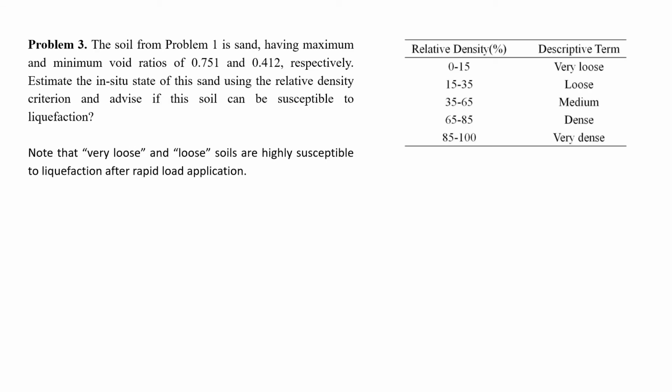Problem 3 is related to relative density. It's not actual density, the way that we use it for soil in grams per cubic centimeter. Relative density shows you how loose the soil is. So we use relative density to classify sand material or gravel. Based on the number of relative density, we can see if the soil is very loose, medium, dense, or very dense.